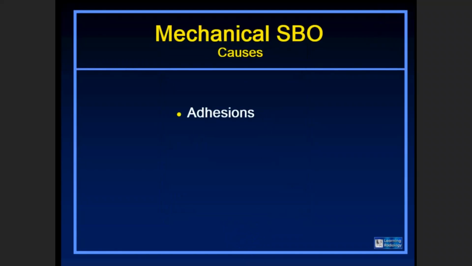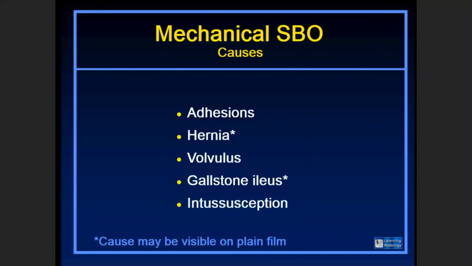Mechanical small bowel obstruction can be due to adhesions from previous surgeries, hernias, volvulus, gallstone ileus, and intussusception, especially in pediatrics. So these are the causes of small bowel obstruction.